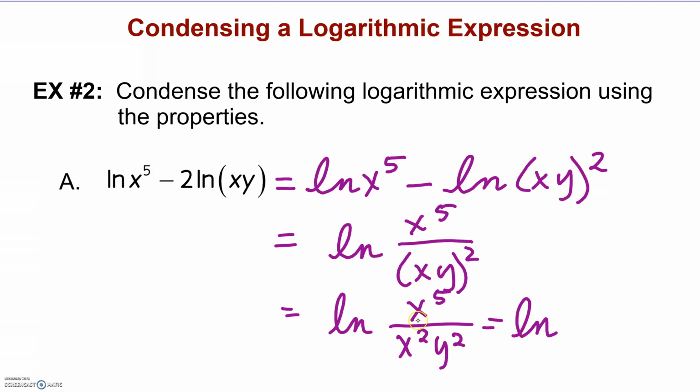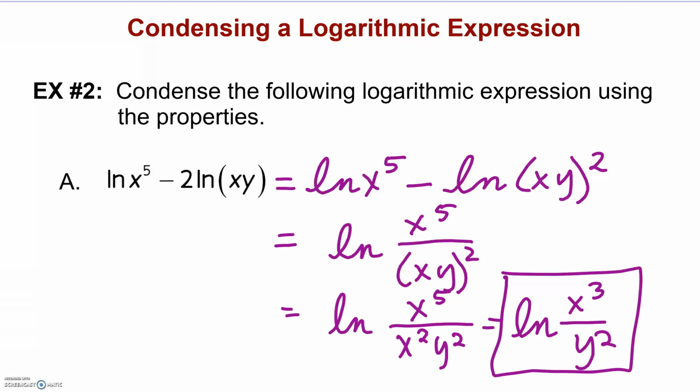And we can divide x to the 5th divided by x squared. You subtract those exponents, giving you x cubed over y squared. So that's as much as you can condense it. It's in a single logarithm, which is your goal, and you have simplified the fraction as much as possible there.